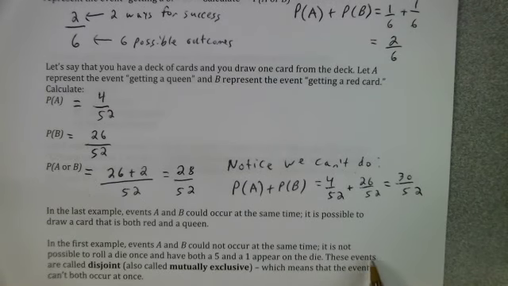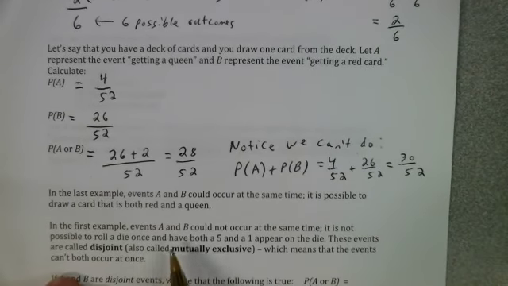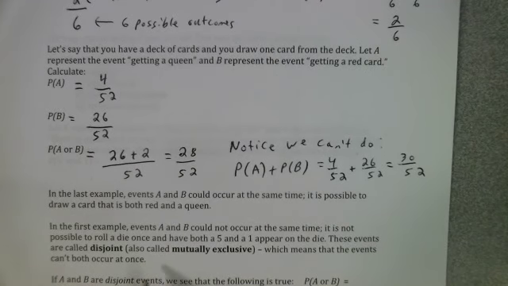So these events are called disjoint, or also called mutually exclusive. Those 2 words are synonyms, which means that the events can't both occur at once. So if 2 events are disjoint, or in other words mutually exclusive, they can't occur at the same time.